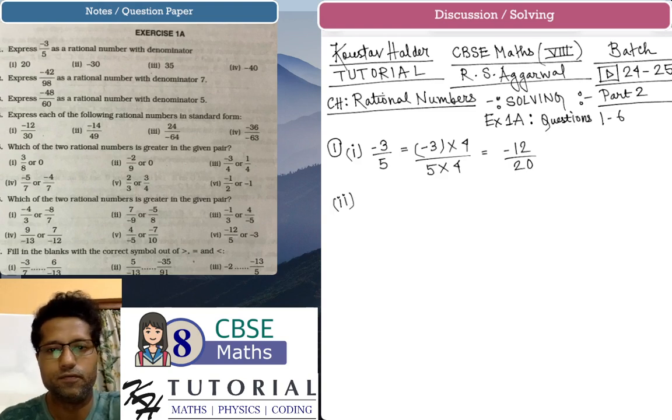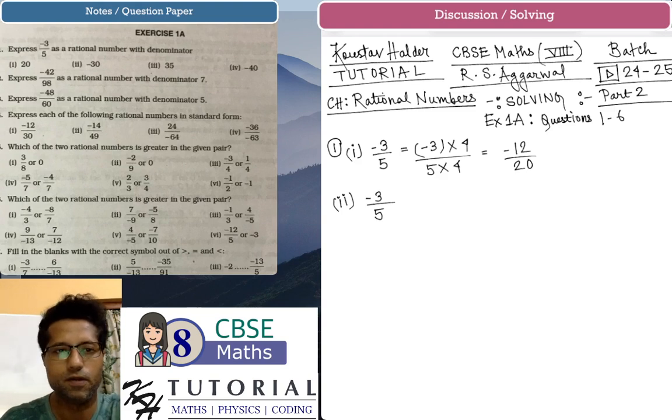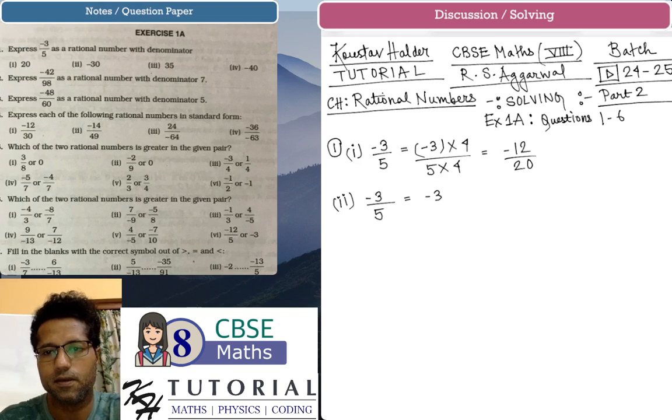Part 2, we have to make the denominator minus 30. So we know that to make denominator 5 to minus 30, we have to multiply with minus 6. So we will multiply both the numerator and the denominator with minus 6.